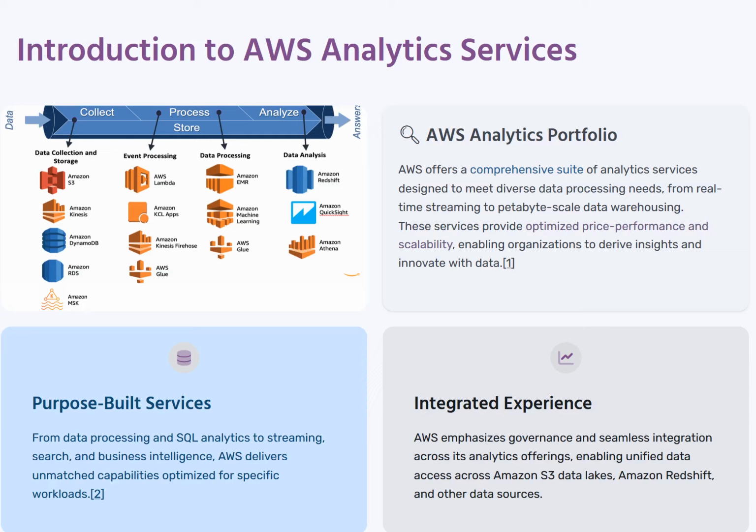Amazon Kinesis is for real-time data streaming and capture, and then you have Amazon DynamoDB, a NoSQL data service, and Amazon RDS for SQL type of load, and Amazon MSK, especially for Apache Kafka type of workloads.